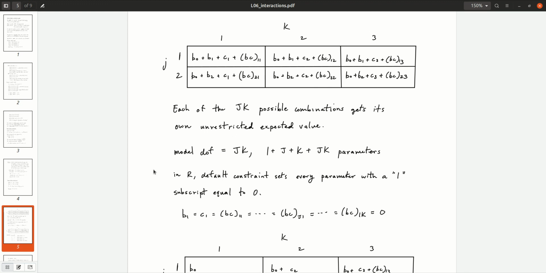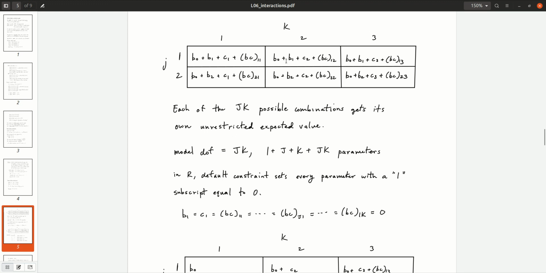In R, the default constraint sets every parameter that has a 1 subscript equal to 0. What do I mean by that? If we look up at the table at all of these parameters, and you see a 1 in the subscript, it sets it to 0. So in this first cell, the 1,1 cell, b1 is set to 0, c1 is set to 0, and bc11 is set to 0.